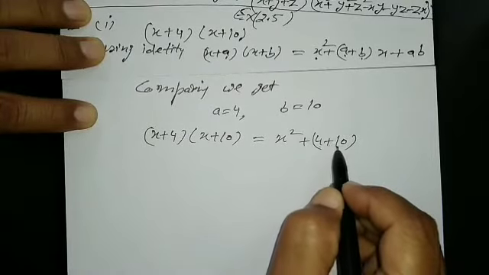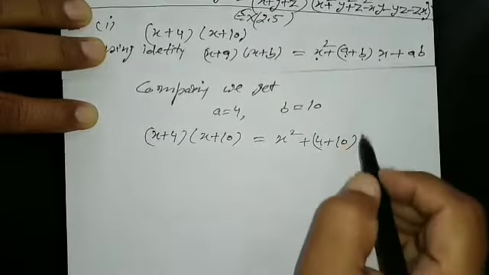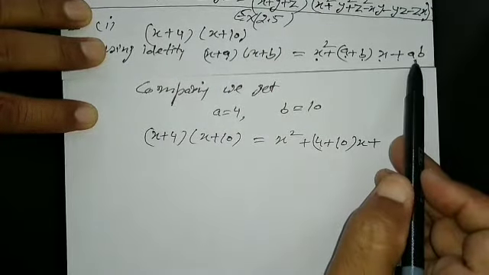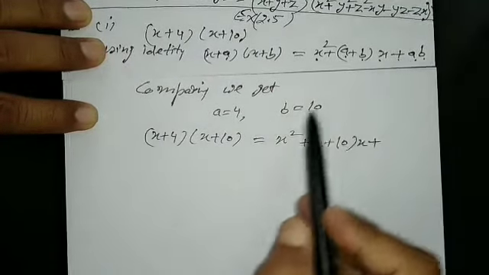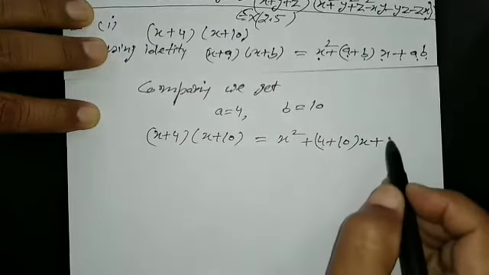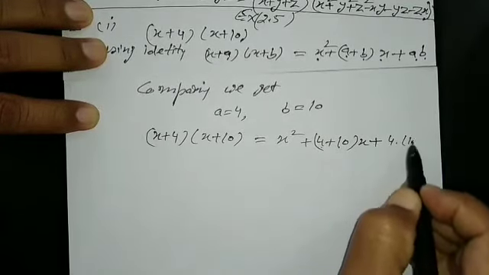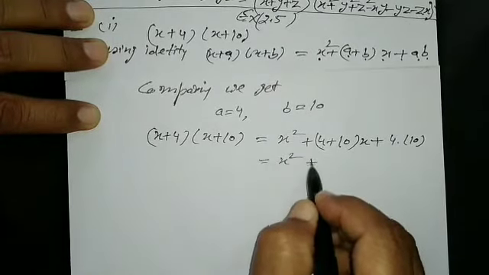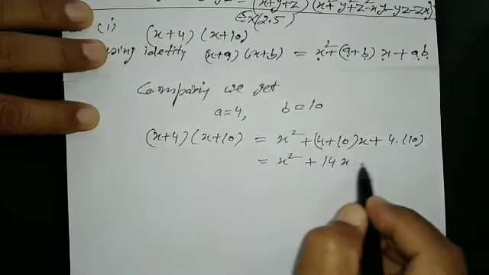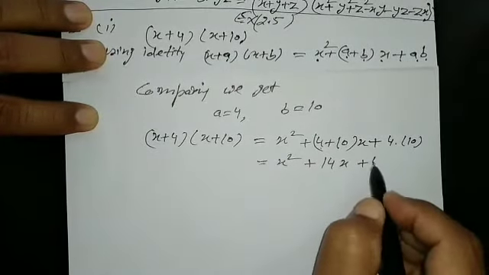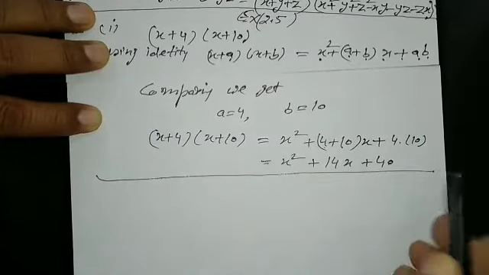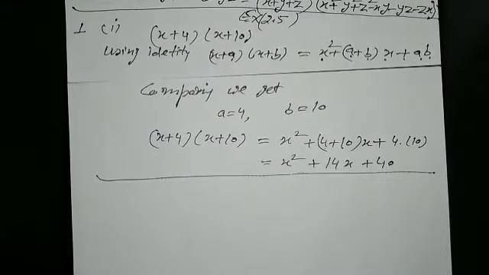So a plus b means 4 plus 10, multiplied by x, plus a into b, meaning the product of 4 and 10, that is 4 into 10. And you will get x square plus 14x plus 40. So this is the question. We have to multiply these two factors using the identity.